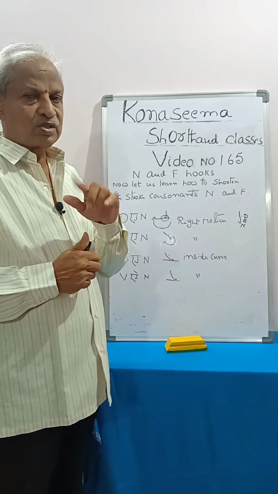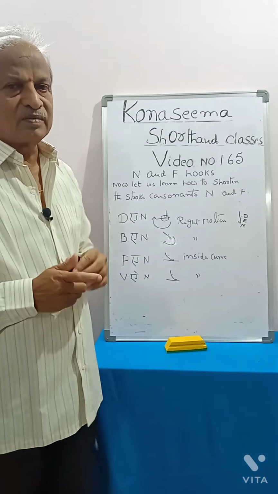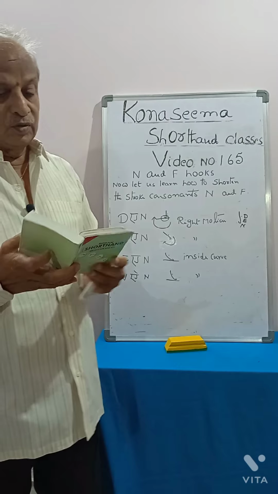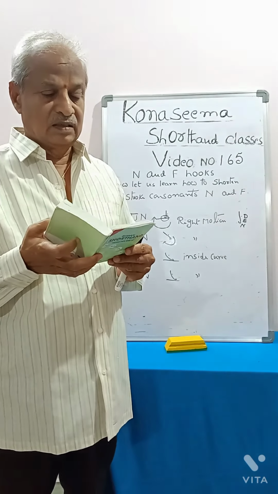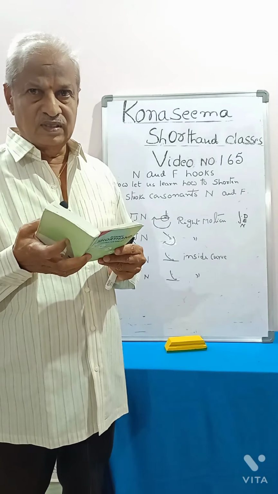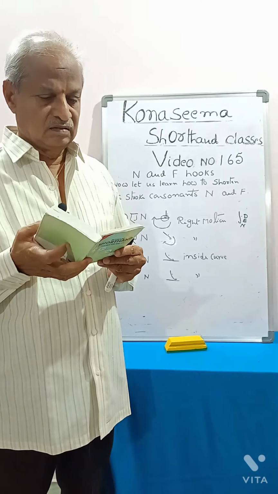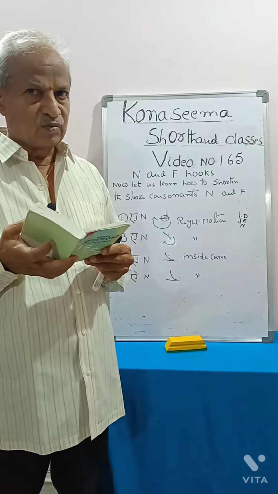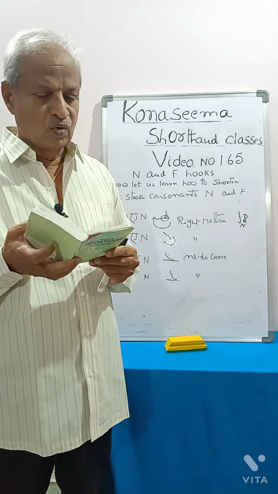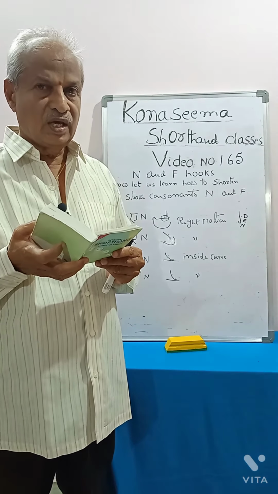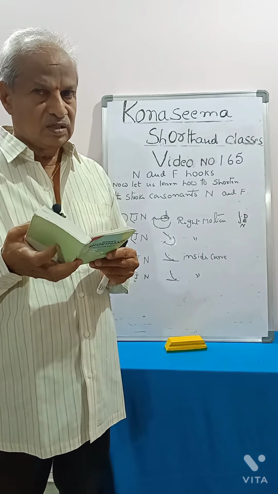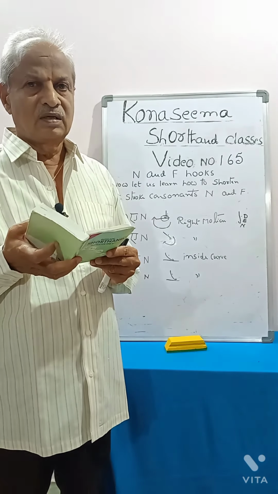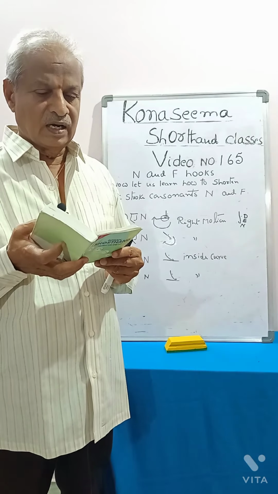Now you see the instructor, page number 62. You see Ben, B N hook with right motion, Ben. T N hook with right motion, tone. Che N hook with the right motion, chain. K N hook above the line, coin.